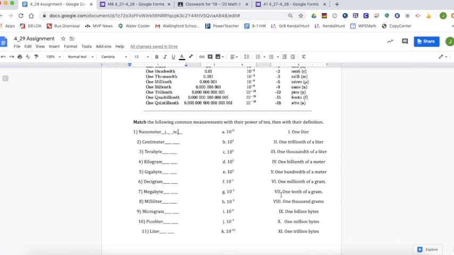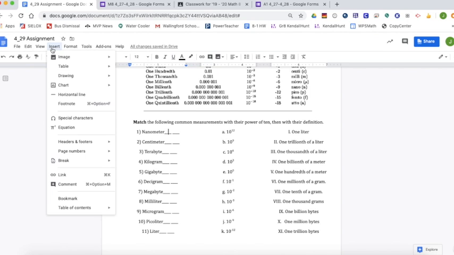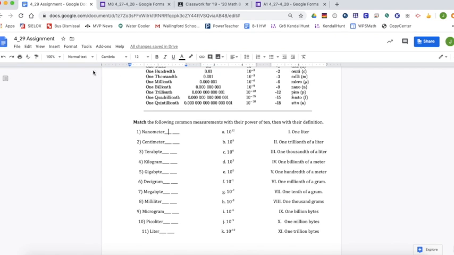So what you're going to do is write the 2 letters it corresponds to, J and 4. Or if you really want to get adventurous and artistic, I'm not going to stop you, use a line tool. I'm not even sure you can use a line tool on this. I don't think you can. Yeah, it won't let you. You're going to have to write the letters. So it'll be J and IV.